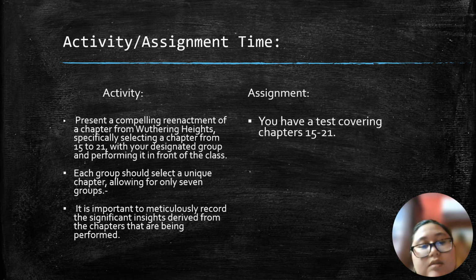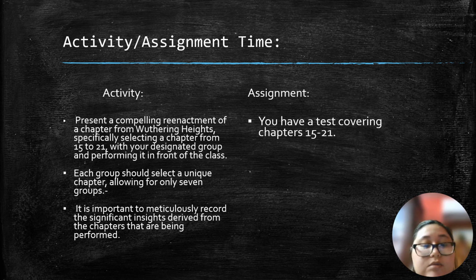We will be starting a new activity and you will be having an assignment. Your activity is to present a compelling reenactment of a chapter from Wuthering Heights, specifically selecting a chapter from chapters 15 through 21 with your assigned group and performing it in front of the class.